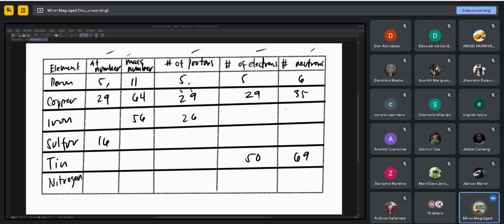Then, you will continue to answer it dyan sa bahay n'yo. Then, ipapasa n'yo yan sa... wait. Checkan na rin natin ngayon. Okay lang ba? So, nitrogen. Neon. Lagyan natin yung neon.